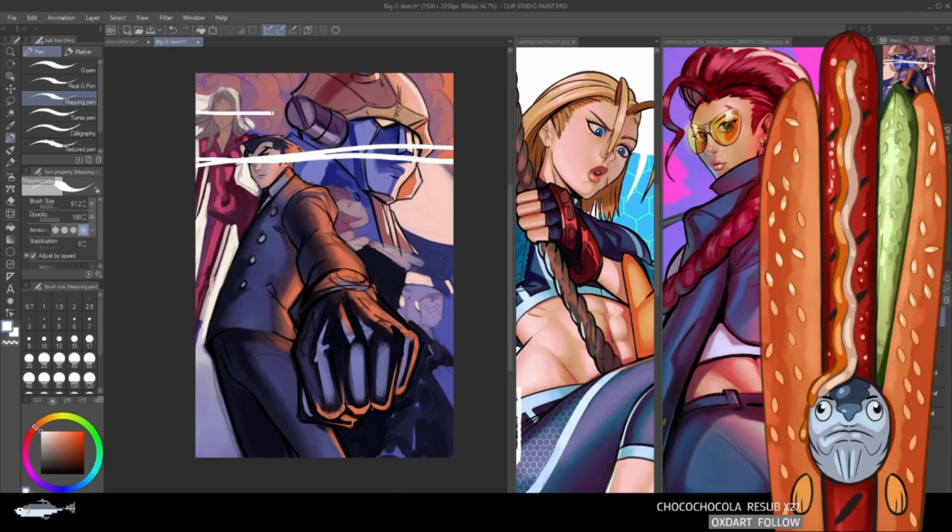So this character occupies its own eye space. Big O itself occupies its own eye space. This could probably be higher. If I were to change this, I'd probably move her up a little bit higher. But Big O occupies his own eye line. Dorothy occupies her own eye line space. The police officer down here that you guys can't really see occupies her own eye line. So these are other things you have to constantly consider.